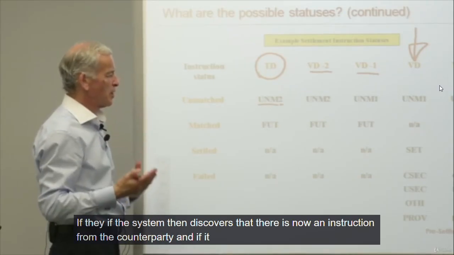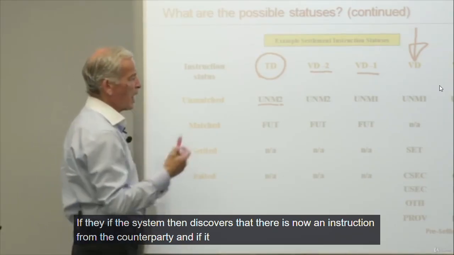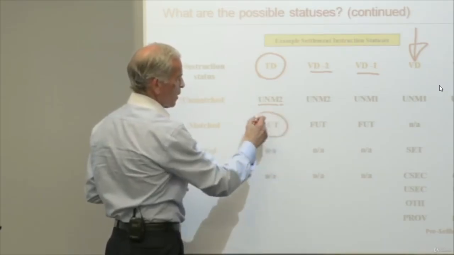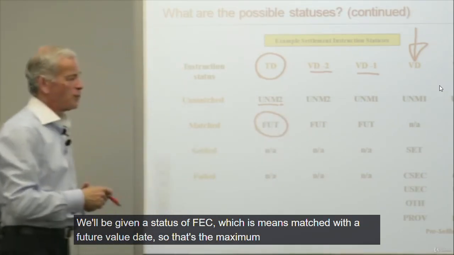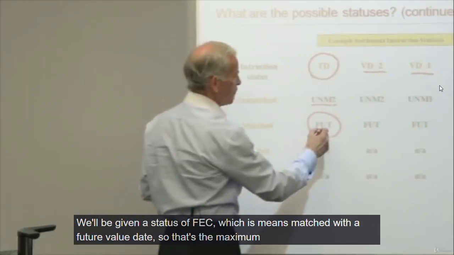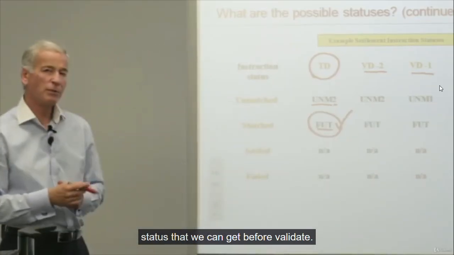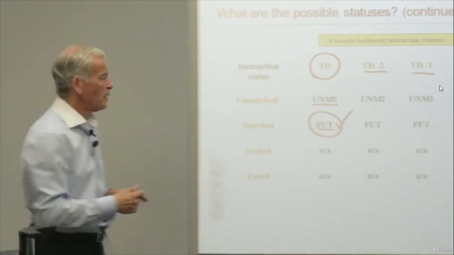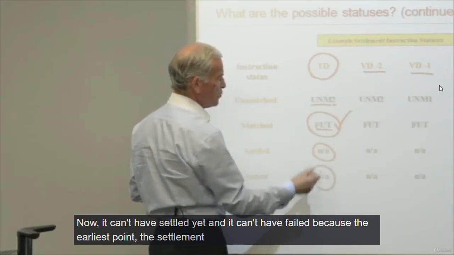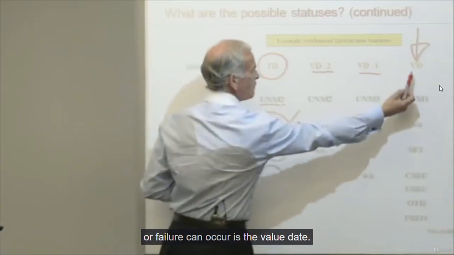If the CSD then discovers that there is now an instruction from the counterparty, and if it matches, then our instruction will be given a status of FUT, which means matched with a future value date. So that's the maximum status that we can get before value date. It can't have settled yet, and it can't have failed, because the earliest point that settlement or failure can occur is the value date.